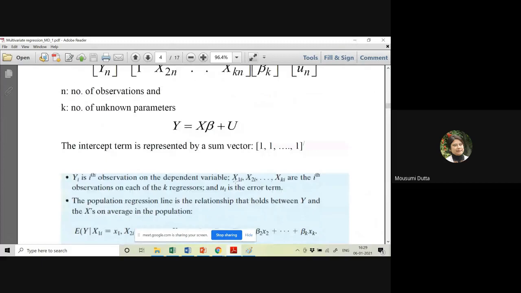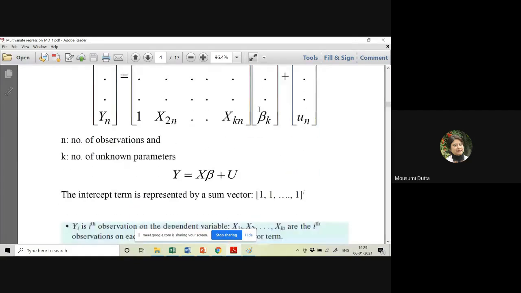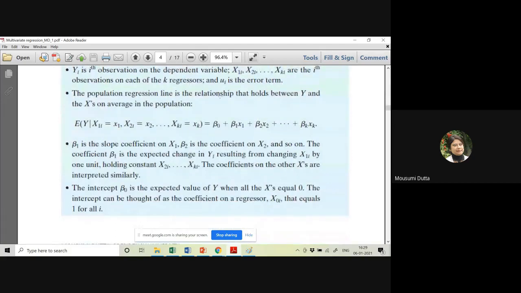Why are we presenting this k variable regression model, yi is equal to beta 1 plus beta 2 x2i plus beta 3 x3i plus up to beta k xki plus ui? In that case, what population equation do we have in our mind? It is the expected value of y given that x1i has a specific value x1, x2i has a specific value x2, and so on up to xki equal to xk.